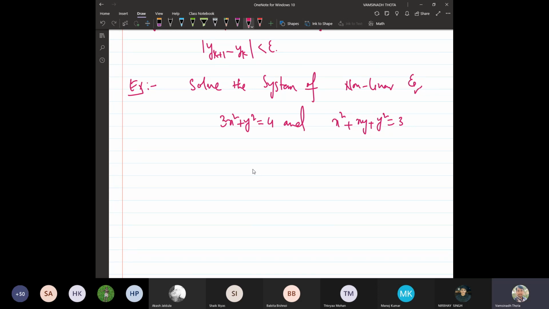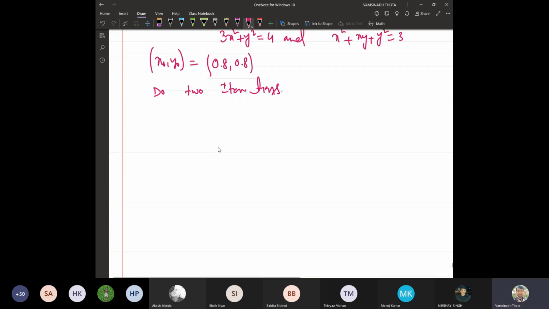Start with the initial guess (x0, y0) equal to (0.8, 0.8). At least do 2 iterations.